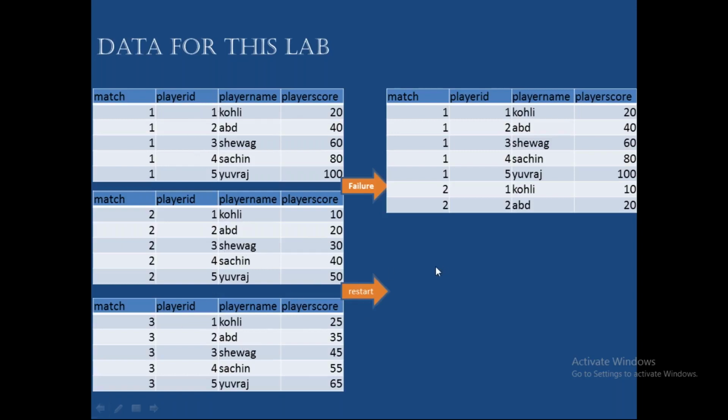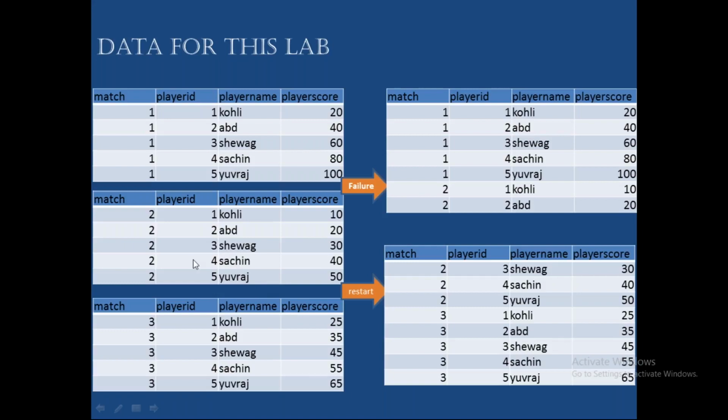No. So what I need to do is some kind of transformation, or I need to control this by using something called the exists transformation. That exists transformation will check what records are already loaded into the target, and it is going to load only the records which you have not inserted. See, when I restart, it is going to insert only these 3 plus these 5, total 8 records, into our target.